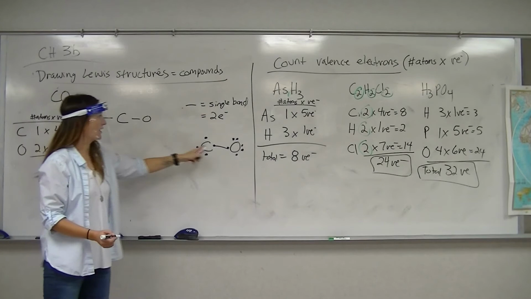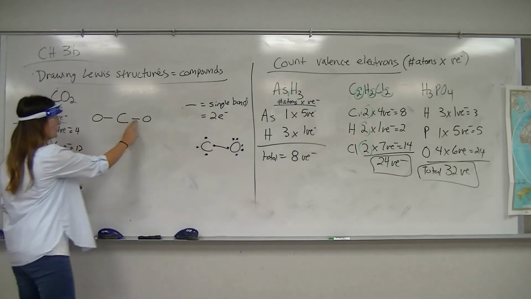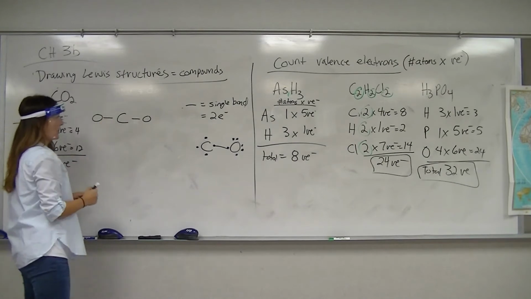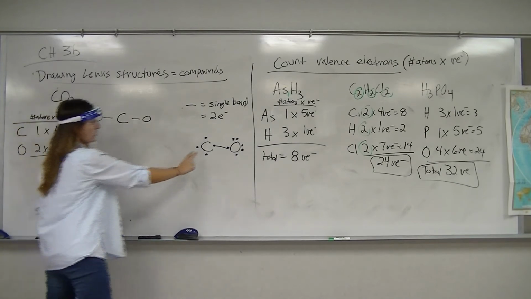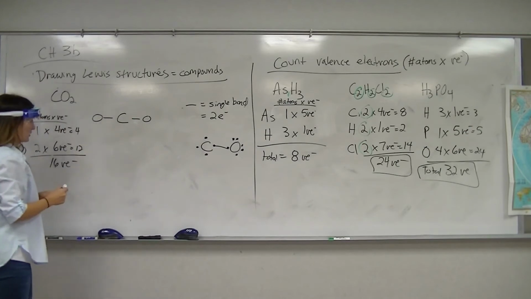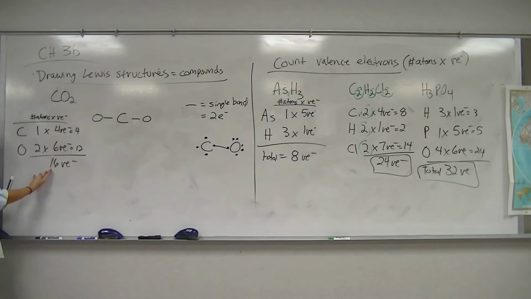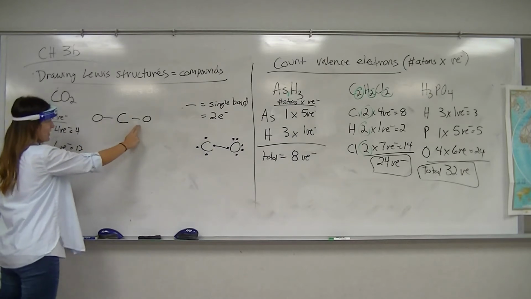Okay, so that's the 2 electrons here, for instance. So we have 2 electrons here, but we also have a single bond on the other side because of the other oxygen. They're doing the same thing. So this is 2 electrons. So what that means is I've used 4 of the 16 I have available to me. The reason I figured out the total is I need to know how many do I have available to make everyone happy. I have 16 available, I've used 4 of them.